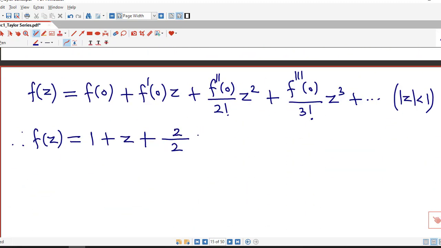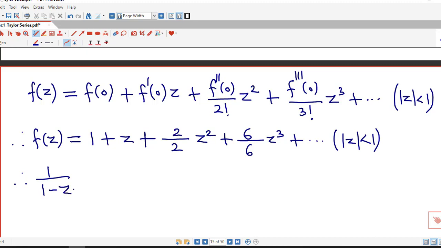So second derivative is 2 into z square, third derivative is 6, and 3 factorial is also 6 into z cube, and so on. And this is valid in the open disk mod z less than 1. Now we substitute f of z equal to 1 over 1 minus z, and here 2 will cancel out, so we have z square.